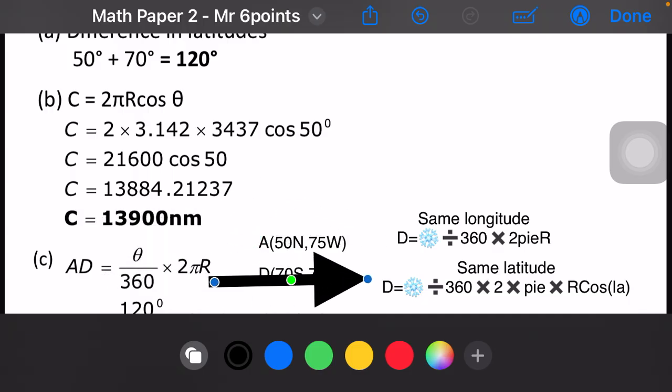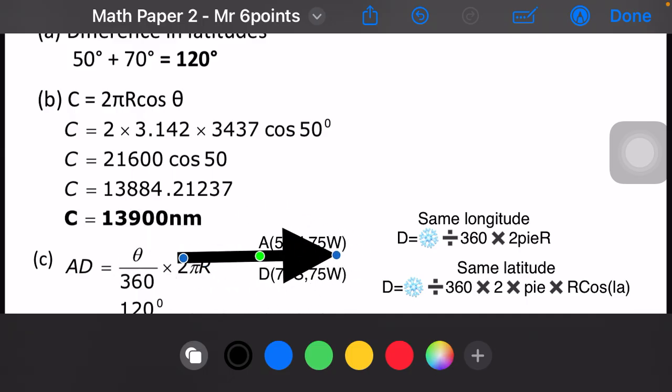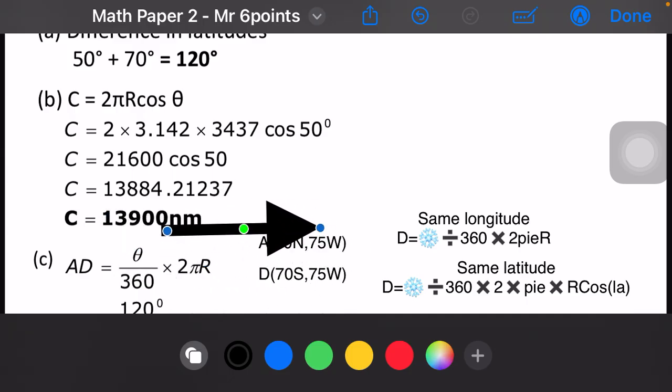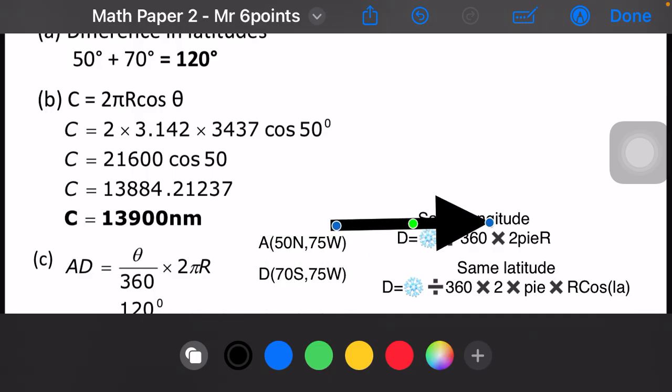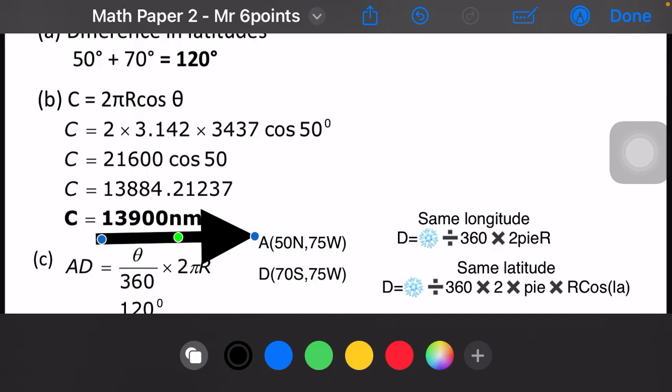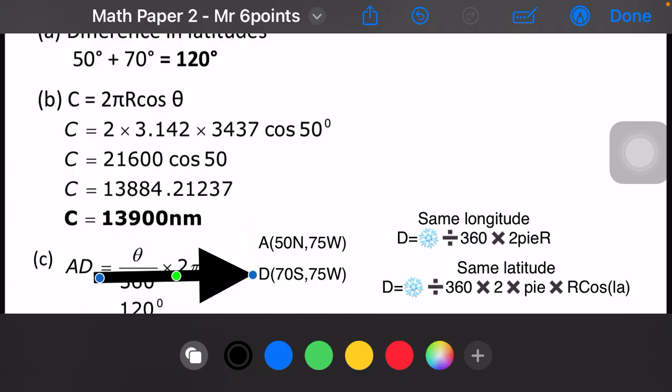Same applies to D. These are the coordinates for D. I simply followed that formula I showed you earlier in this video. So if you have the same longitudes, how do I identify? For example, I will ask you to find the distance between A and D.